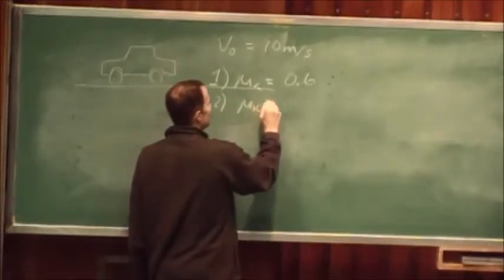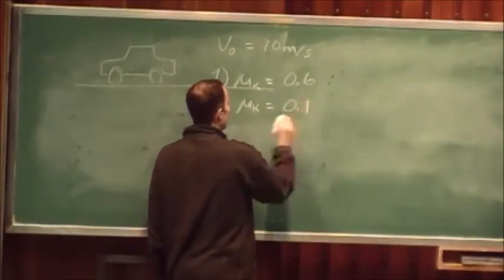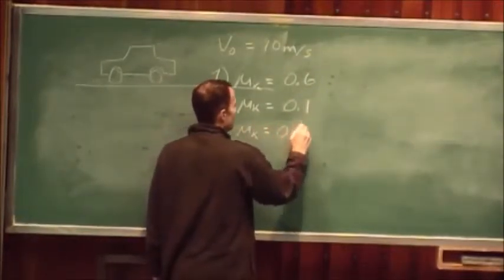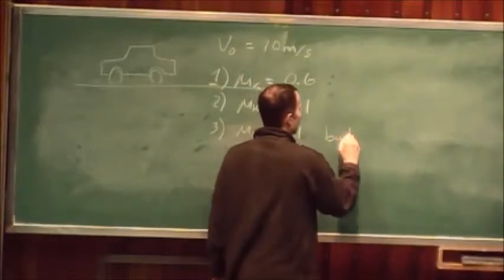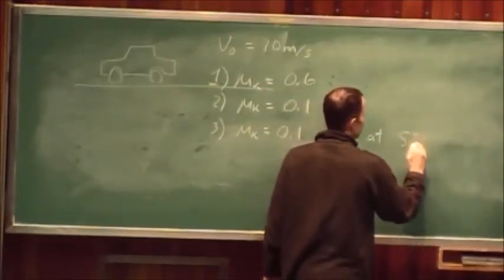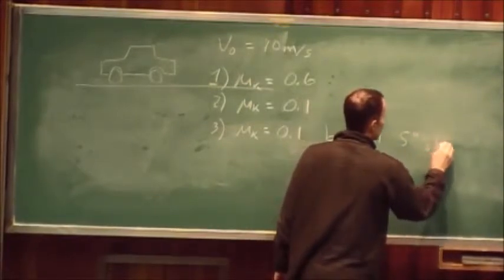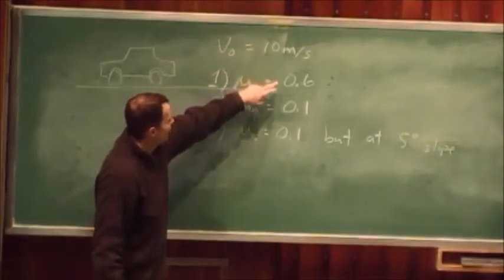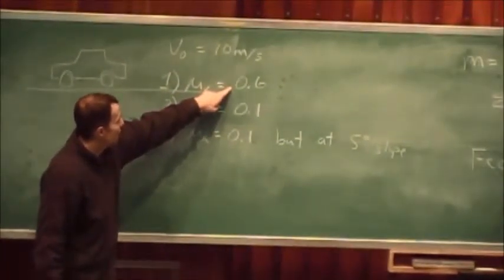The second one, mu k is equal to 0.1, and the third one is mu k equal to 0.1, but at a 5-degree slope.